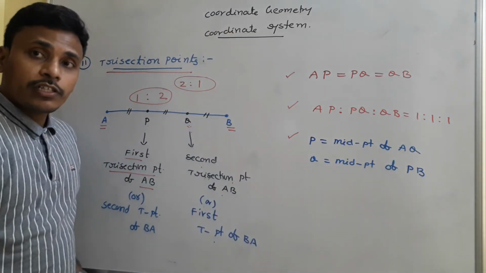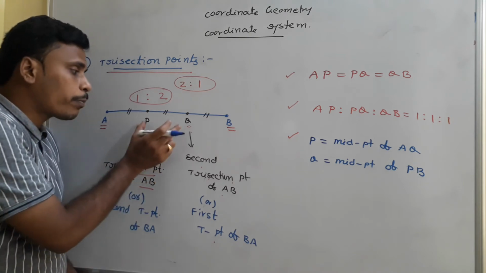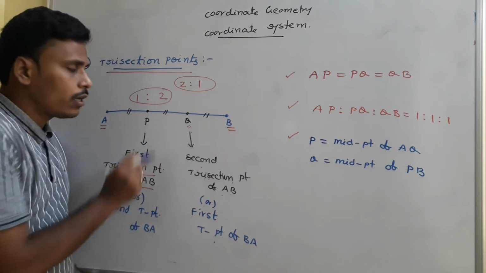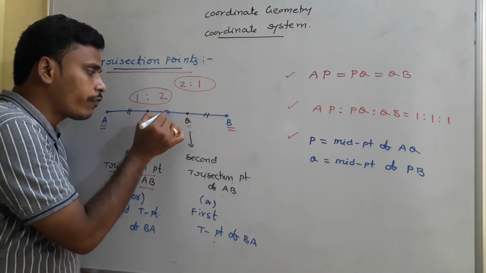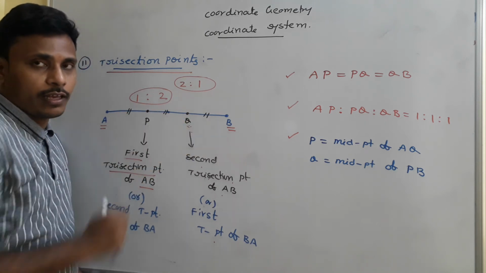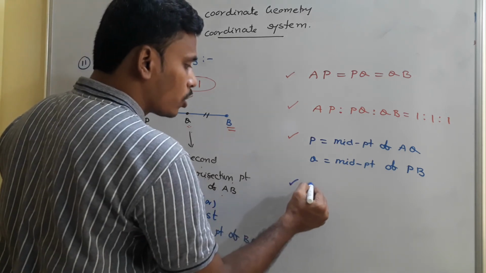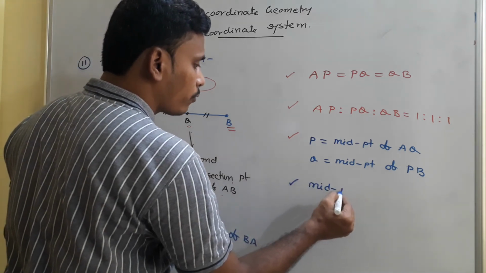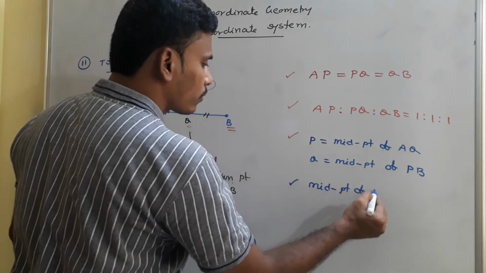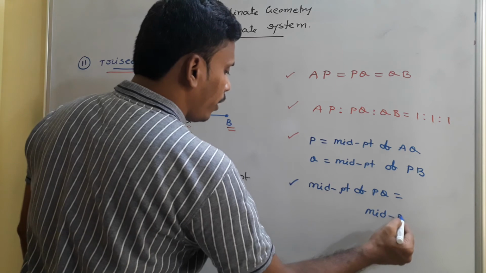And one more observation is, suppose you locate the midpoint of PQ, the midpoint of the trisection points, which is exactly in the middle of PQ, right? That same point will act as the midpoint of AB. Just observe it, very obvious thing, right? So the midpoint of PQ is equal to the midpoint of AB.